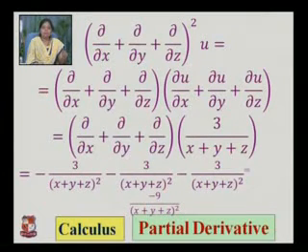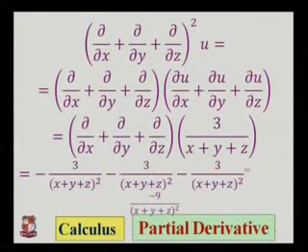The derivative is minus 3 upon x plus y plus z whole square. Similarly, apply del by del z on that term. We are getting minus 3 upon x plus y plus z whole square. So this is minus 9 upon x plus y plus z whole square. So that is our RHS and this is our answer.